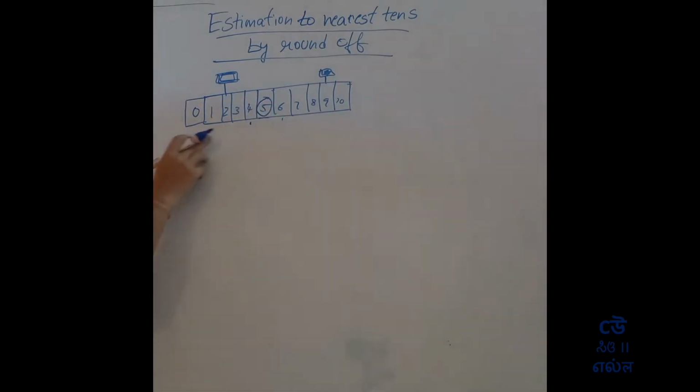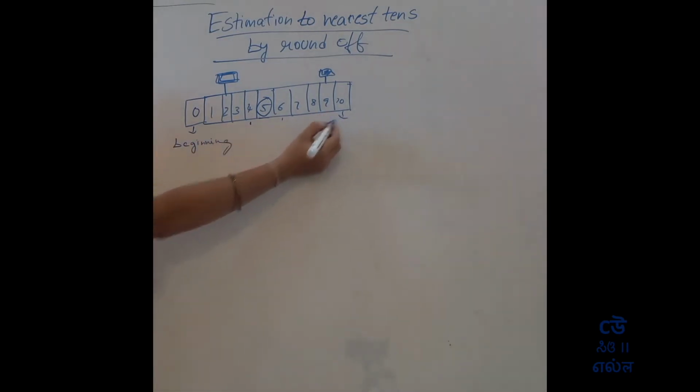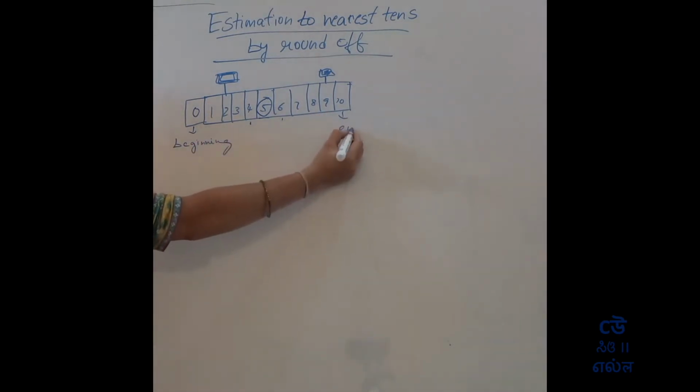So 5 is the middle number, 0 is the beginning number, and 10 is the end number, right?